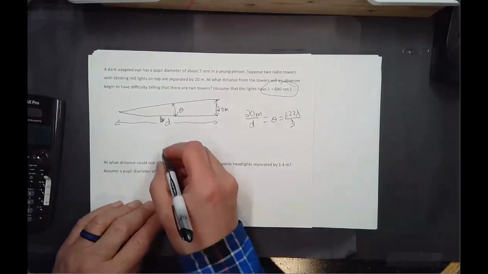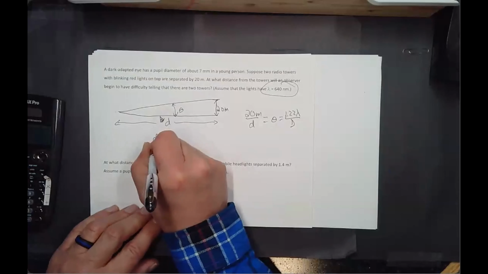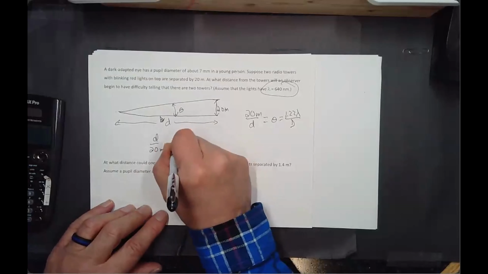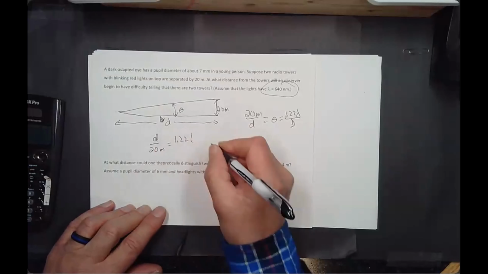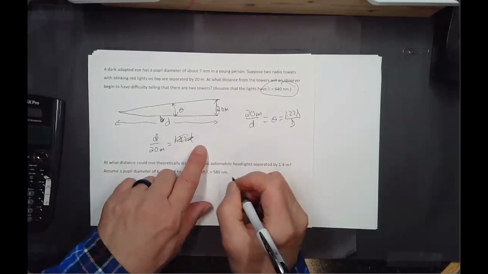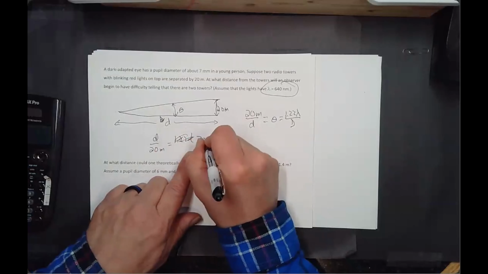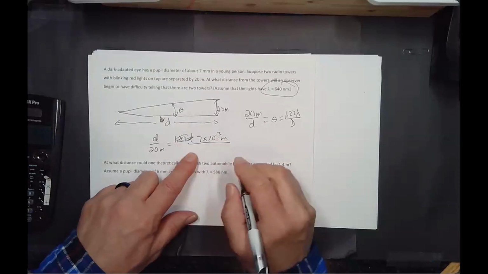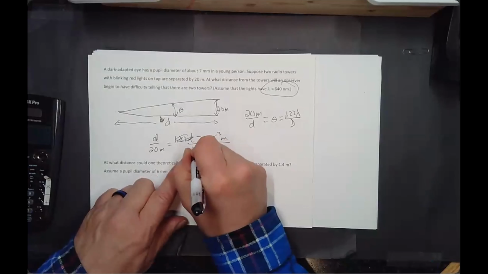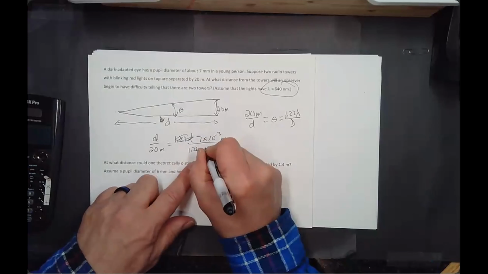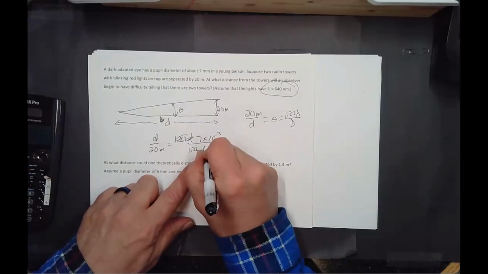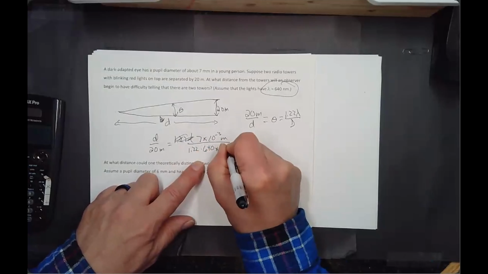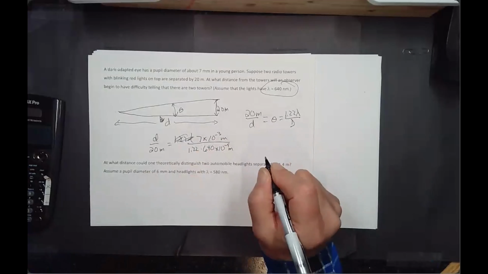I can flip both of them, and I can say that d over 20 meters is going to equal, whoops, no, I have to flip it, 7 times 10 to the minus 3 meters divided by 1.22 times 640 times 10 to the minus ninth meters.